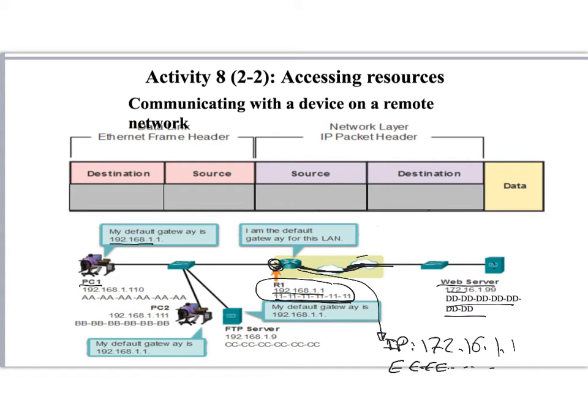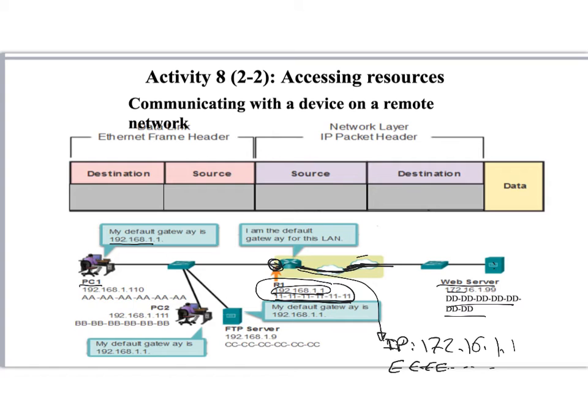We'll have a physical address, which is already known. And we'll have another very important piece of information, which is called default gateway IP address. This default gateway is the IP address of the router port that exists on the same LAN. So that's already known by PC1, by default.